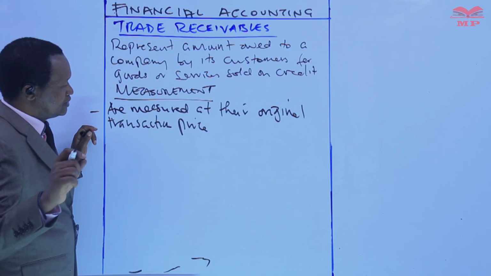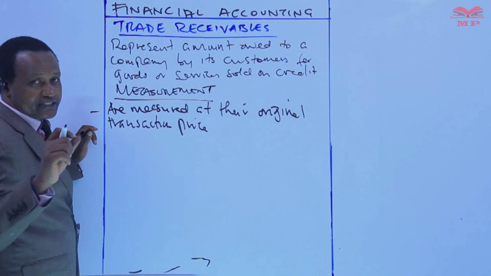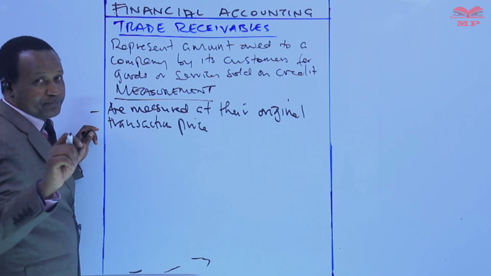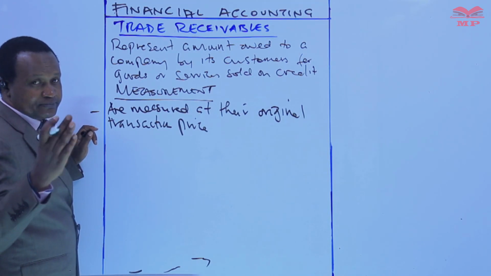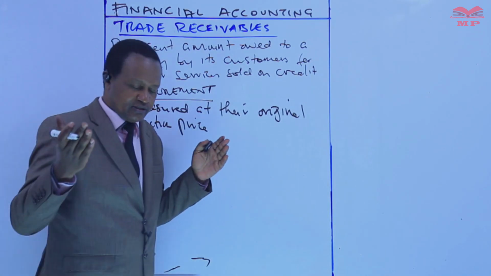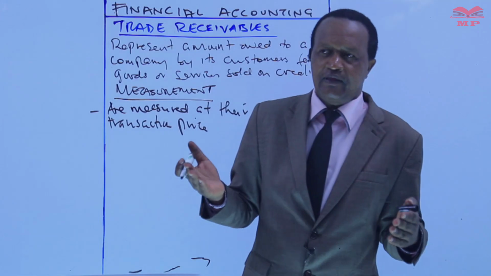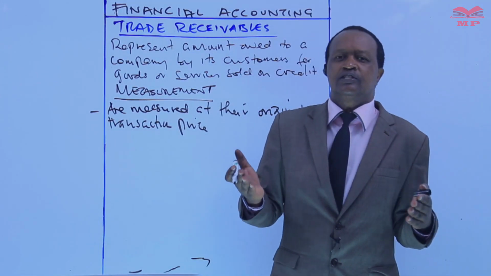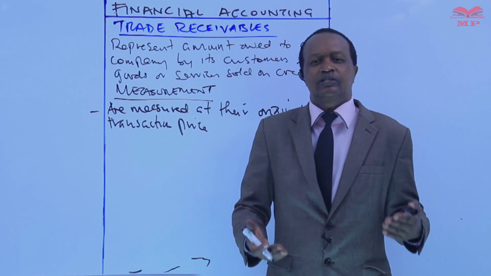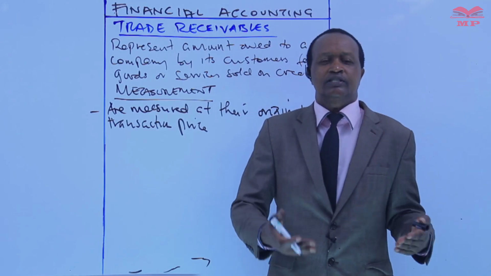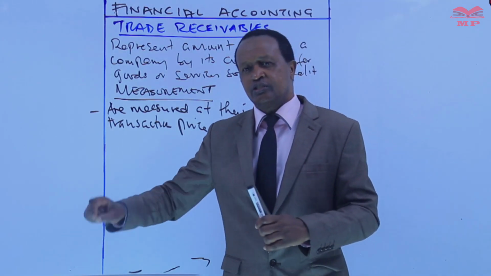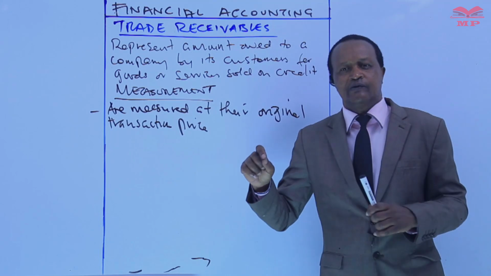However, the standard also requires companies to assess the expected credit losses associated with trade receivables. If you have trade receivables or debtors in your books, the standard requires you as a company or as a seller to assess the expected credit losses associated with such debts or receivables.